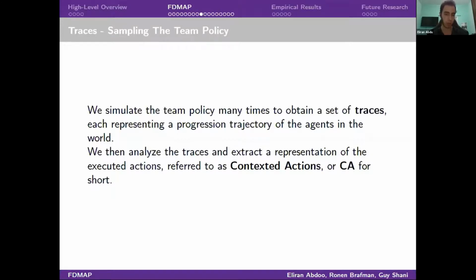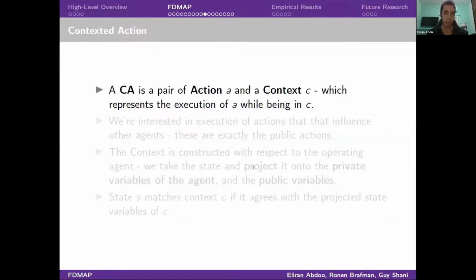In fact, we'll be interested in the public actions. And each such action that we're interested in will be referred to as the context action, or CA for short. So a context action will be, as we now see, a pair of an action and a context. So we can think of looking at the traces. We have an action which is applied in a certain state.